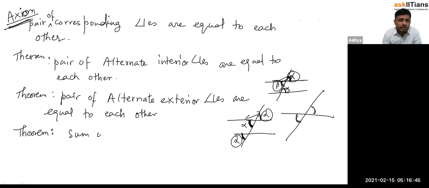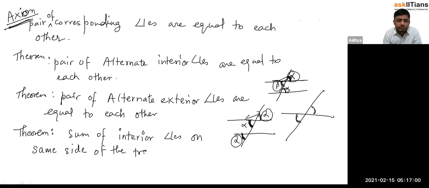Sum of interior angles on the same side of the transversal is equal to 180 degree.